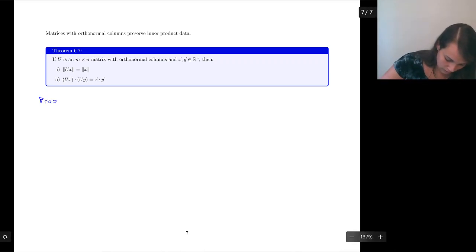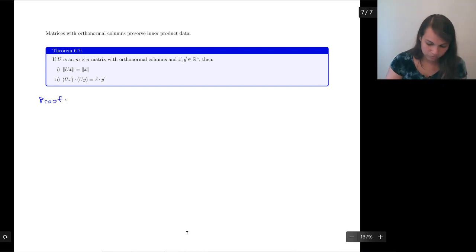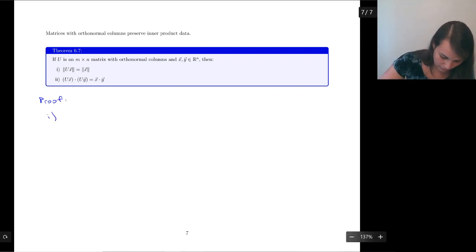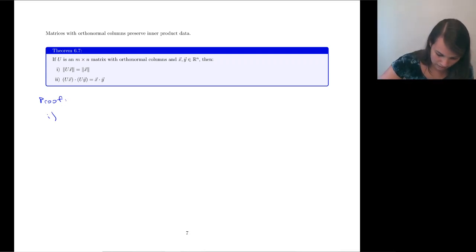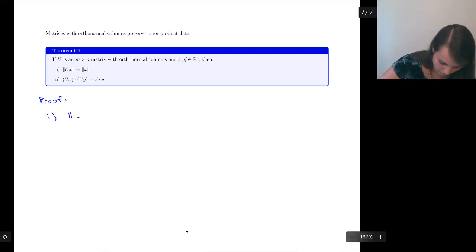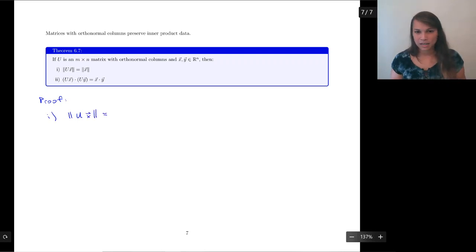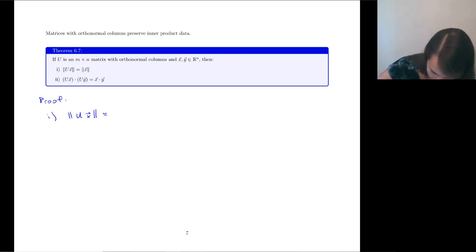This is another more calculation-style proof, and you should be able to pause and hopefully get this done. So what does it mean? Well, norm means the dot product of something with itself.